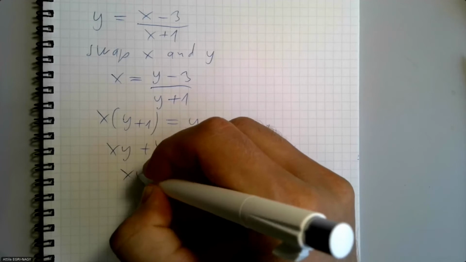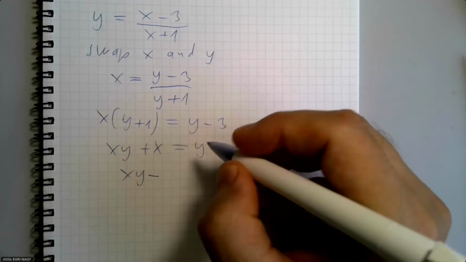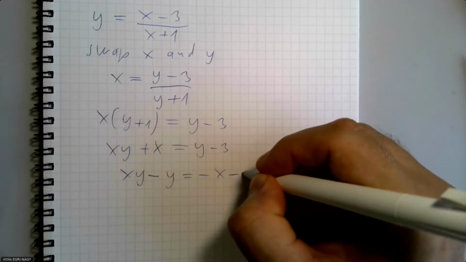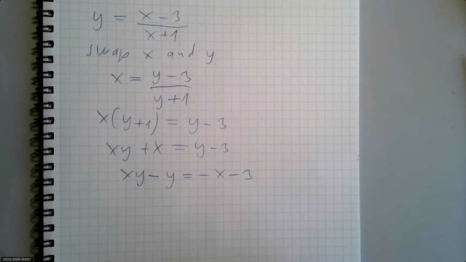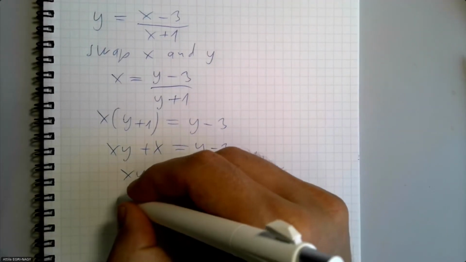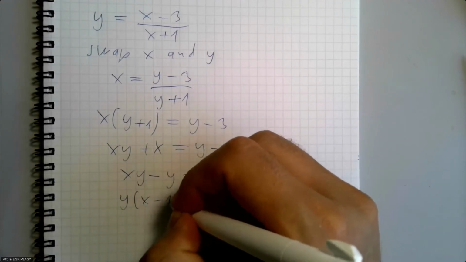So it's xy - y, and here I have -x - 3. Okay, so I can just extract y. So that would be (x - 1).